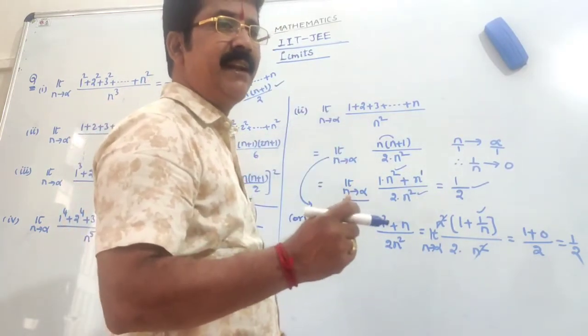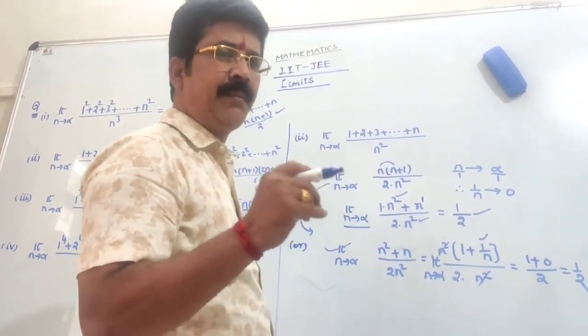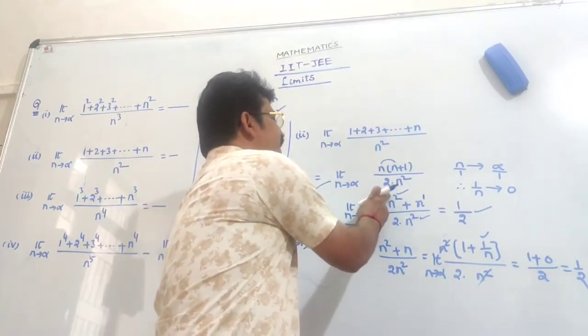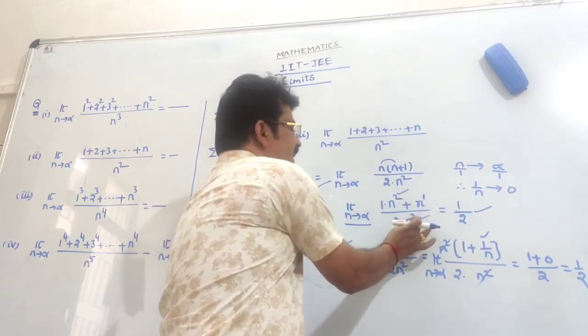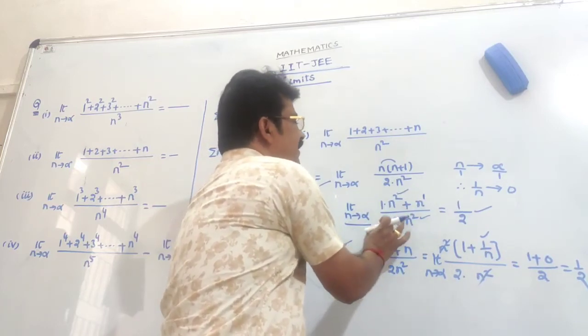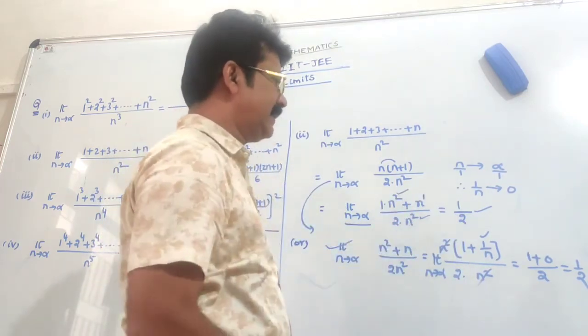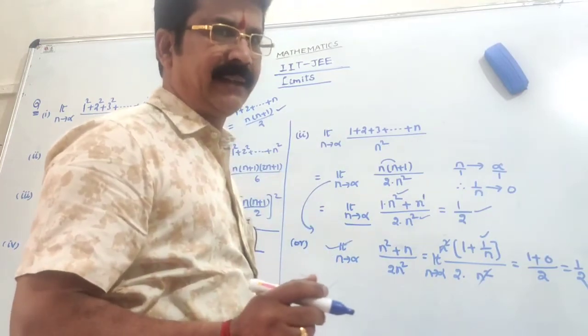The highest degree of the variable is itself the degree of that expression or polynomial. So n² has highest degree 2, therefore the degree of the numerator is 2. Similarly the degree of the denominator is 2. In such a case take only the coefficients. Already I said this shortcut in previous episodes. Please refer to it. Understand?